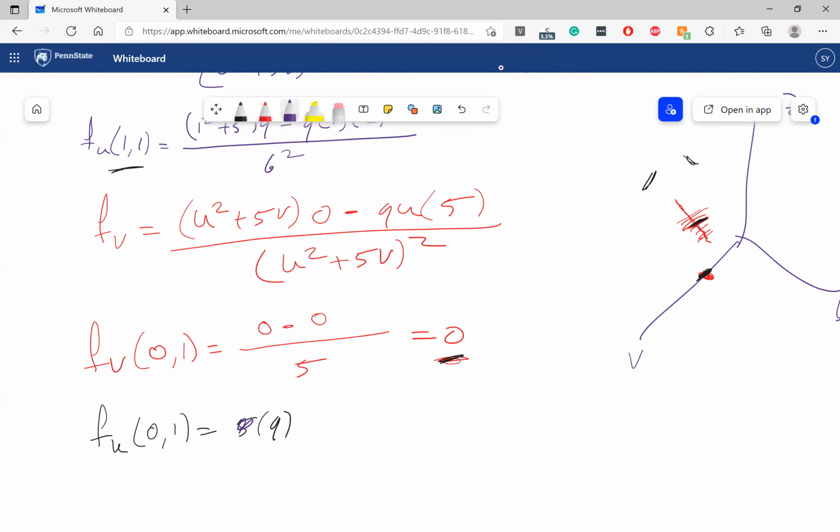So we can erase this 5 and put a 5 in the bottom.